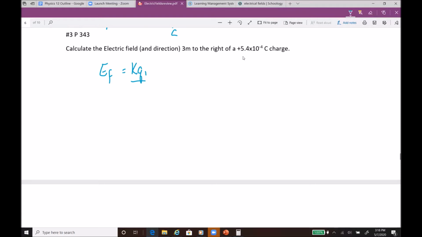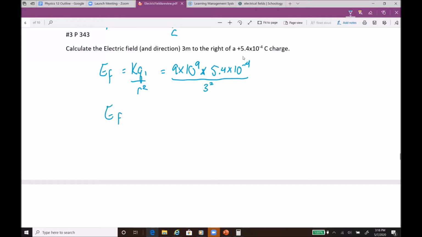Yeah, okay, it is the right question. Okay, all right. So we can calculate the electric field as a function of KQ over R squared. So in this case, the electric field would be 9 times 10 to the 9 times 5.4 times 10 to the minus 4 over R squared, R being 3 squared.